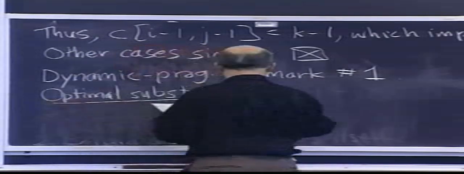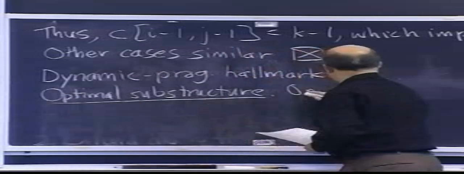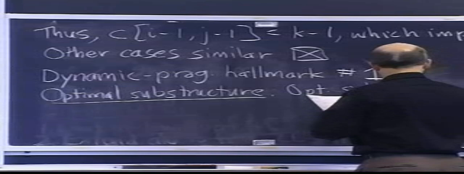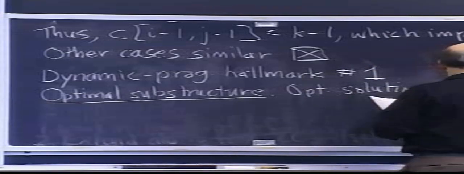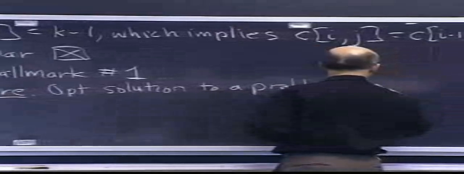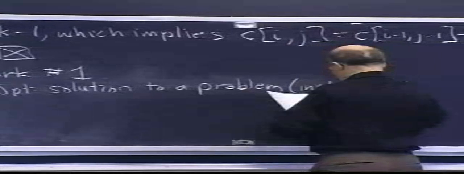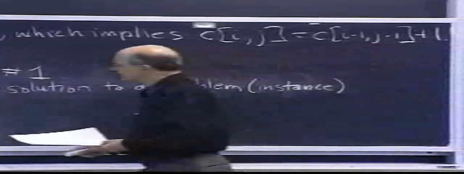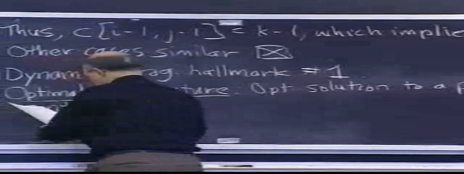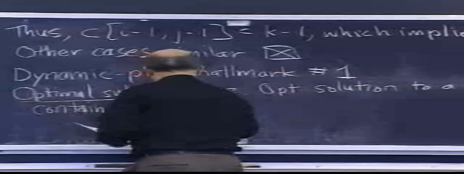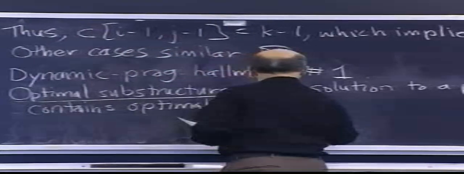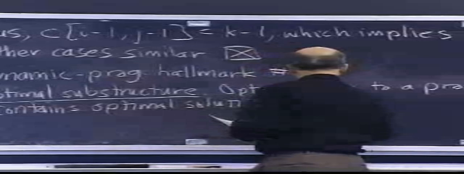What that says is that an optimal solution to a problem, by which they mean problem instance, contains within it optimal solutions to subproblems.